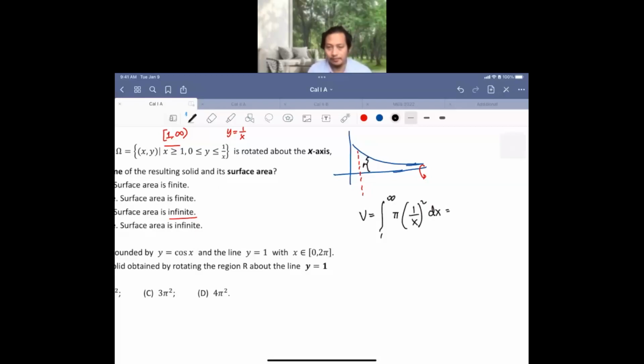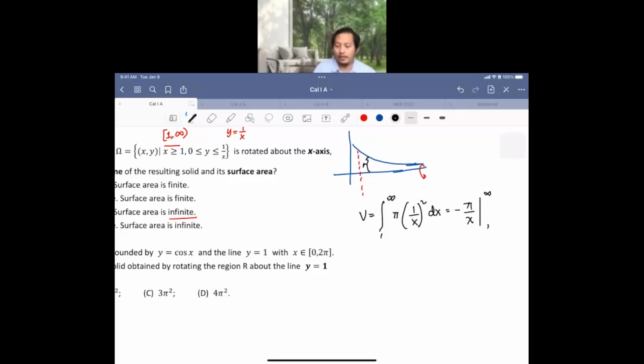If you take this, this will be negative pi over x, integrating from 1 to infinity.